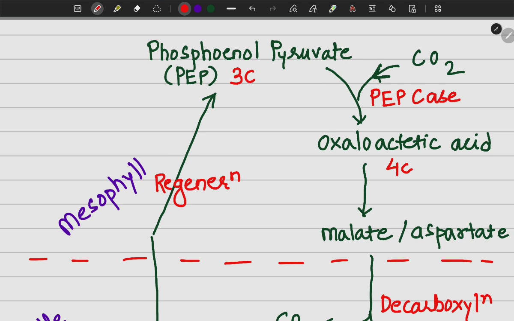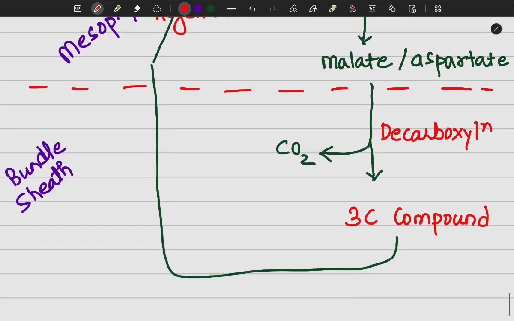or PEP carboxylase. So the phosphoenol pyruvate carboxylation occurs, oxaloacetic acid is formed, which is a 4 carbon compound, converted into malate or aspartate in the mesophyll, then transported to the bundle sheath where the decarboxylation of malate or aspartate takes place and a 3 carbon compound is formed.